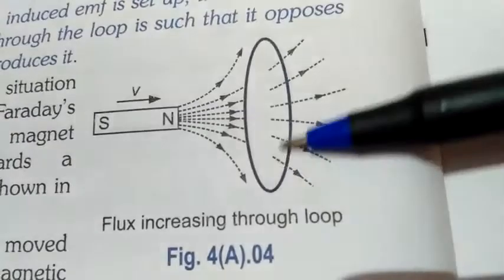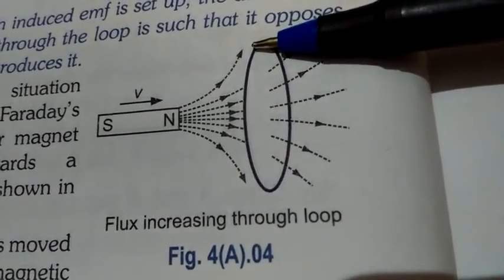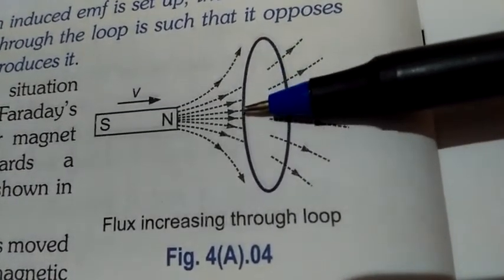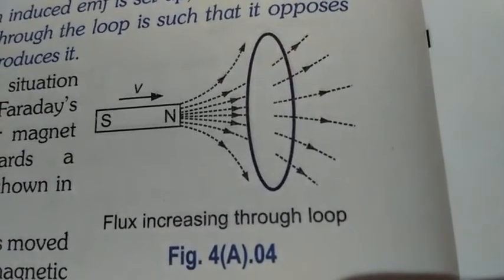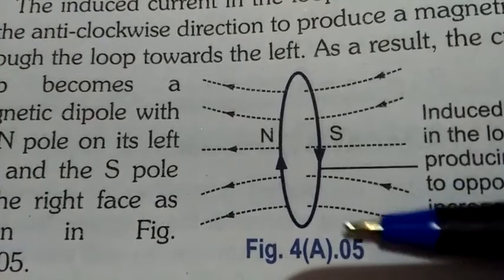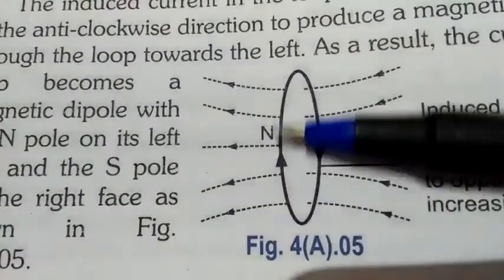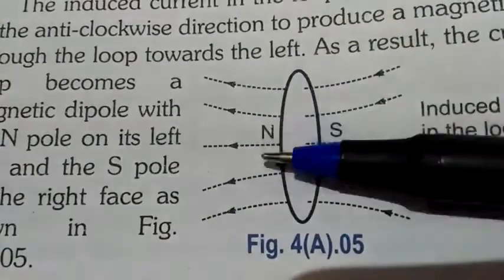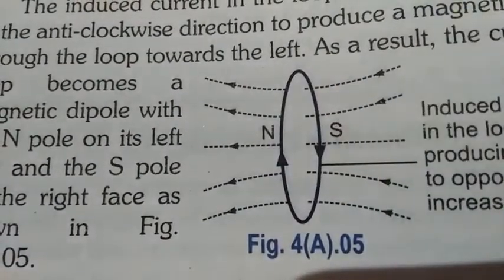Whatever induced current is here, it is trying to stop the cause because of which it is produced. That happened because the current starts moving in clockwise direction. So this side becomes N and this side becomes S.